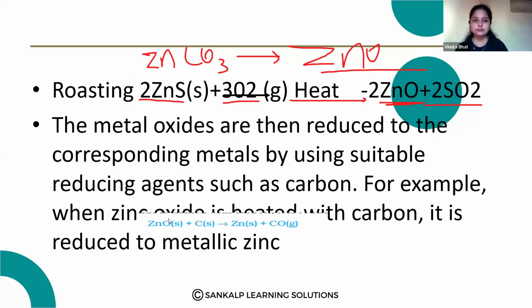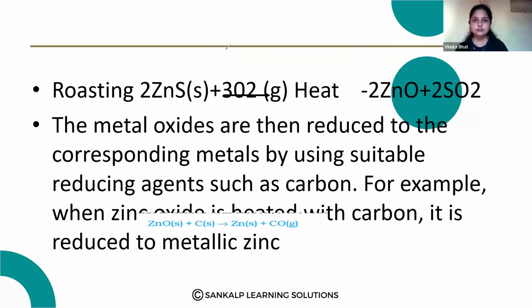Then the metal oxides are reduced to the corresponding metals by using suitable reducing agents such as carbon. For example, zinc oxide is treated with the reducing agent carbon, and it becomes the reduced metal zinc.